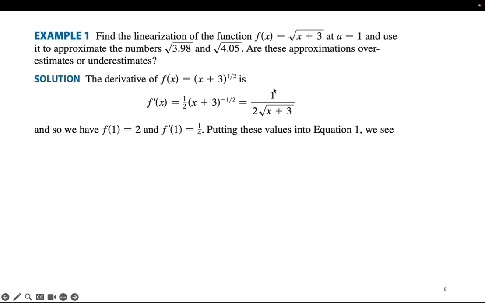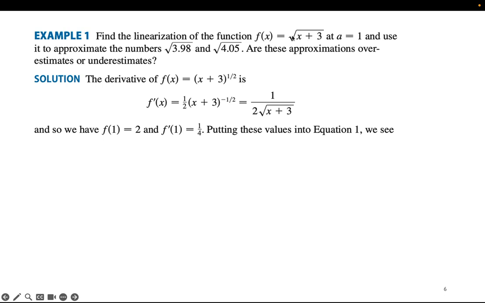We're looking for the tangent line, so we have to plug in the point a is 1. So when you plug in a is 1 here, you get that f prime of 1, when a is 1, this is a root of 4 is 2, so it's 1/4. So the slope of the tangent line is 1/4. So we know the slope, we know the point, f of 1 is 2.